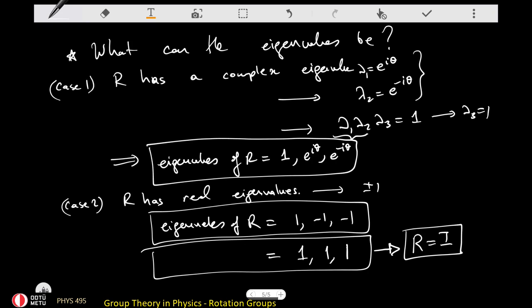The second thing, this special case where the eigenvalues are 1, minus 1, minus 1. In that case, I can write minus 1 as e to the i pi. As a complex number, it corresponds to the angle pi. So let me just draw the unit circle somewhere in here. Right, this is the unit circle.